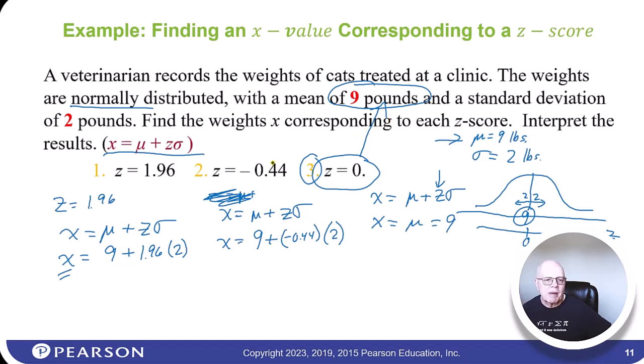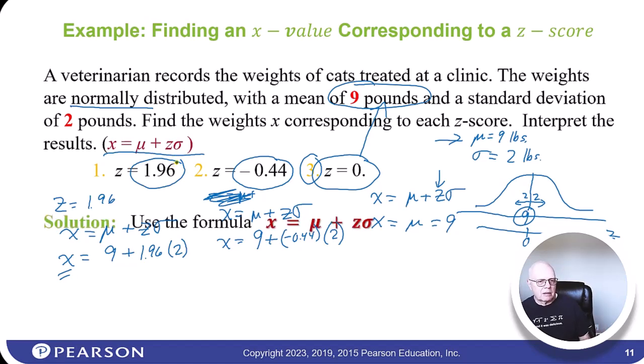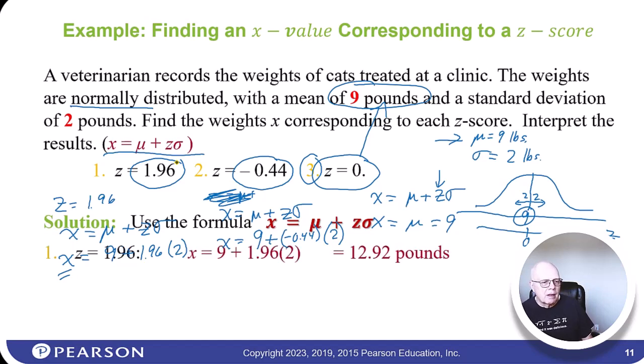If you look at this one back here, this says we're going to the left, so it's less than 9 pounds. This one says we're going to the right of 9 pounds. There's our formula again. And there's our first calculation.